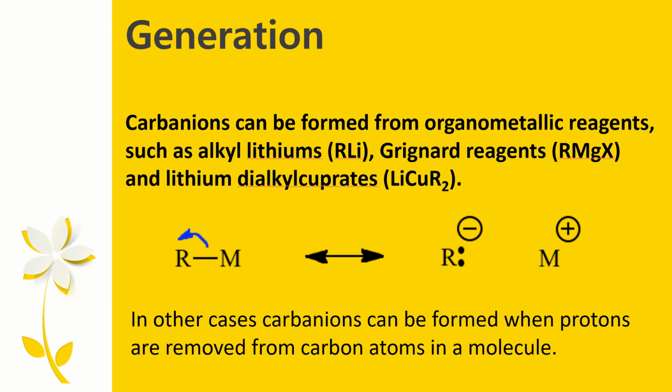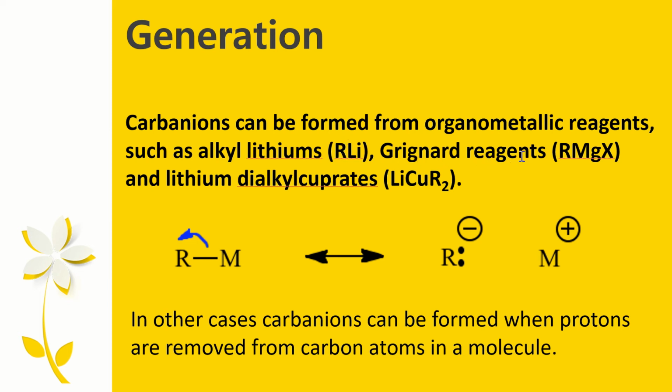All right, so you might be wondering, how are they generated? They can be formed via different mechanisms. However, what we'll be looking at here is how they form from organometallic reagents. So you might be familiar with your alkyl lithiums, designated R-Li, lithium, and R, of course, represents any alkyl group.